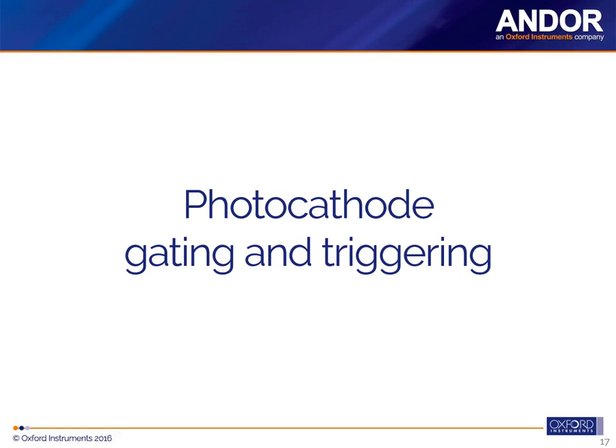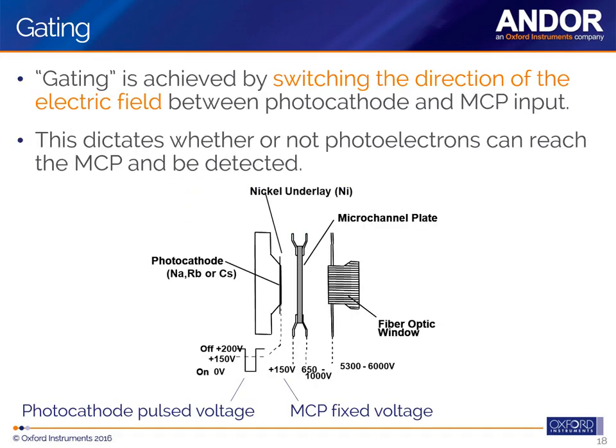Let's talk a little bit now about gating of a photocathode and triggering. So in an image intensifier, the MCP voltage shown at the bottom here is held at a fixed value, here plus 150 volts.